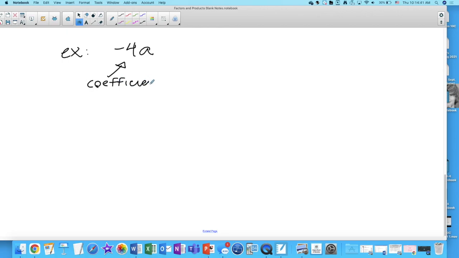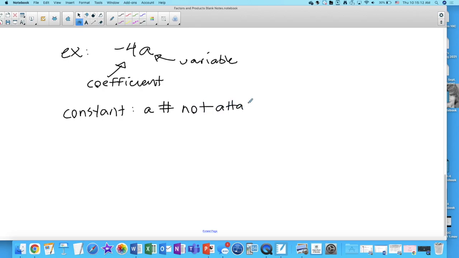If a polynomial has a constant, what would that look like? Yeah. A number that's not attached to a variable. Correct. A constant is a number that's not attached to a variable. Okay? So for example, if I have 2x minus 7, what is the constant?